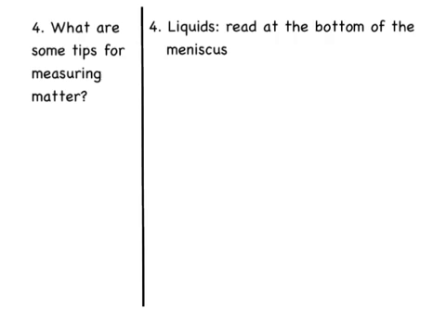Anytime you're measuring liquids in a graduated cylinder or a beaker or a burette tube, you're going to follow this first tip. And the tip is to always read the measurement at the bottom of the meniscus. And the meniscus is the water line in the tube or the beaker.